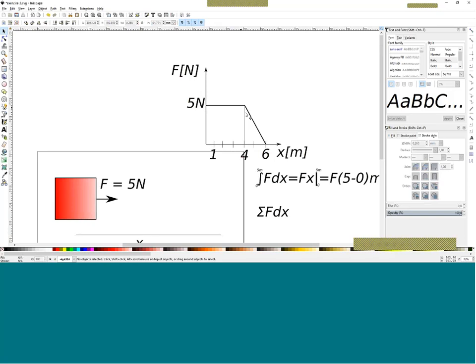If we split the object into parts, then we have 5 times 4, which gives us an answer of 20 joules in the first part. And in the next part, if you guys just took 6 times 5, that would be definitely wrong.